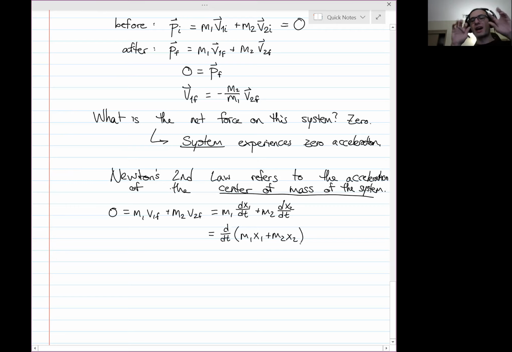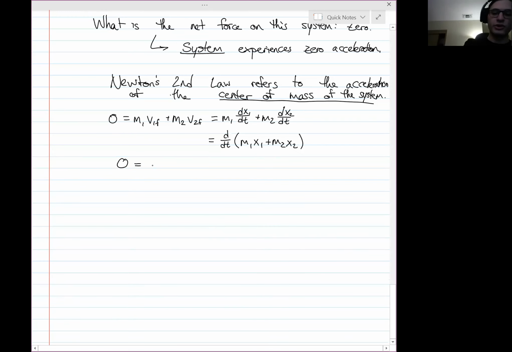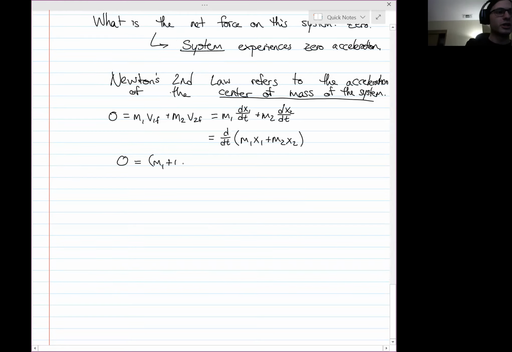You can factor out a derivative, and because the masses don't change, this is totally valid. So that says that 0 is equal to, and I'm going to multiply and divide by something, m1 plus m2 times the time derivative of m1 x1 plus m2 x2 divided by m1 plus m2.